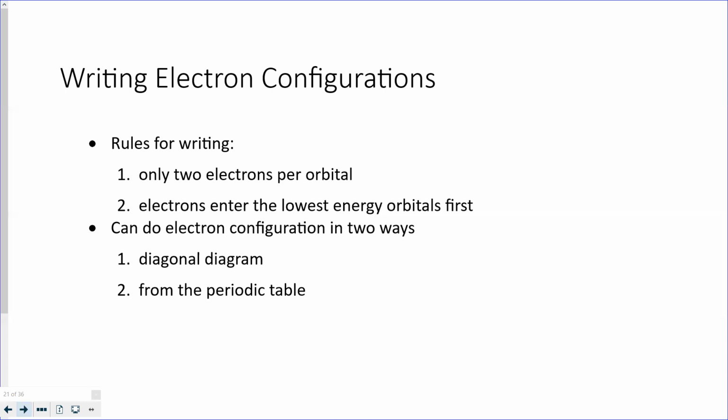And then there's also a way that you can write electron configurations using the periodic table. This is a little harder to grasp initially, but it tends to be easier in the long run because you don't have to remember how to draw a diagonal. We're not going to tell you which method to use. I'll show you both methods, and then you decide which one you prefer over the other.